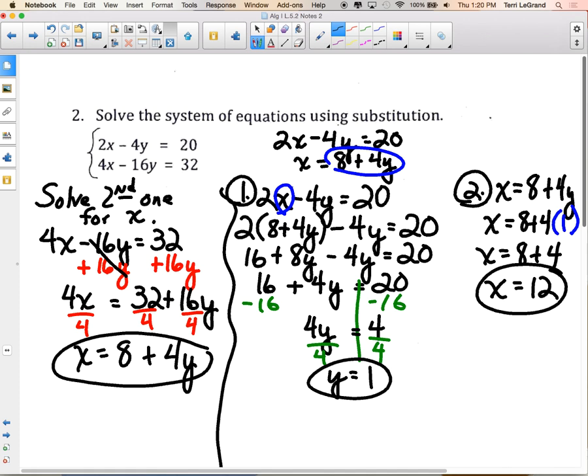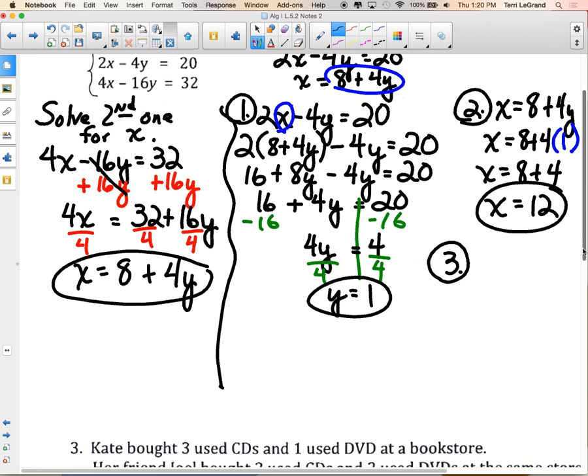Okay. And step number 3, what's our ordered pair solution then? 12, 1. Yes, the x value must go first, followed by the y value.